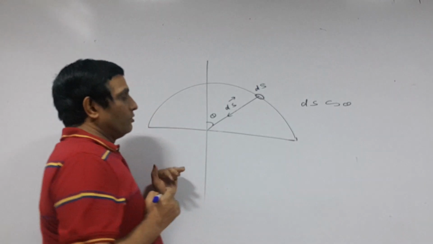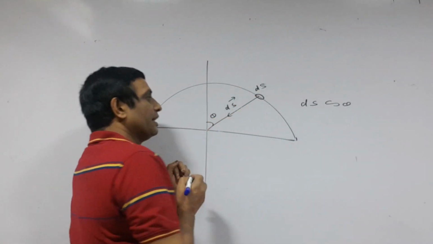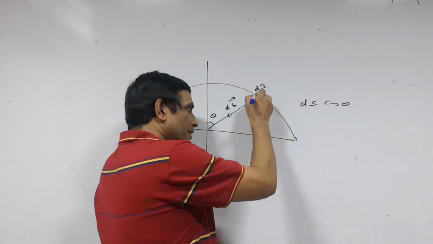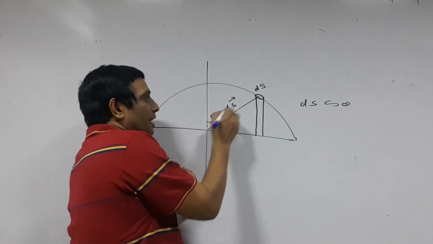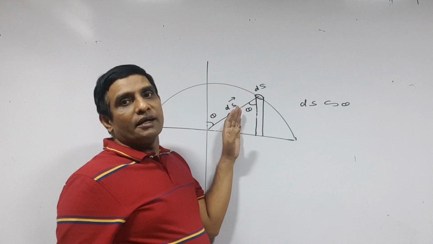We want to get the component of ds, that is ds cos theta, and that will be this. This angle is theta, so this angle is also theta because they are alternate angles.